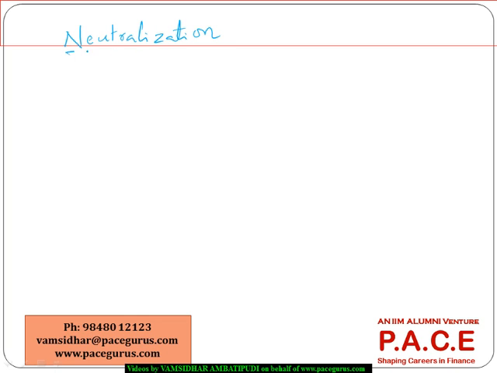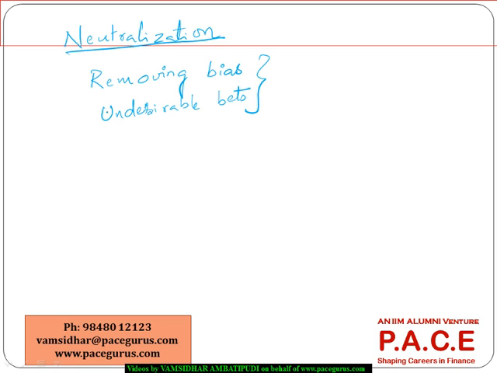All right. Now, the next important topic that needs to be looked at is the concept of neutralization, removing biases from alpha, or undesirable, speculative kinds of bets from alphas. Removing them is what we call the neutralization process.